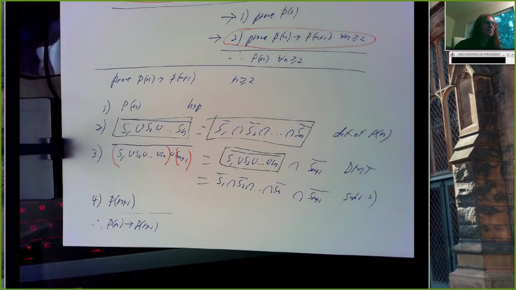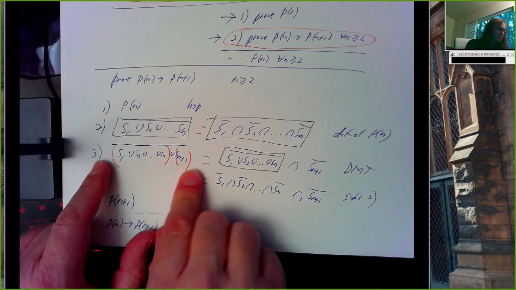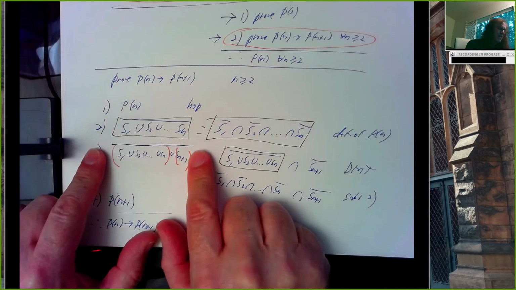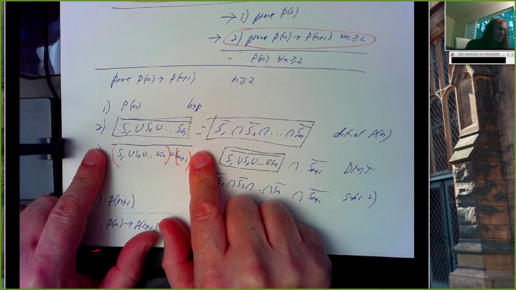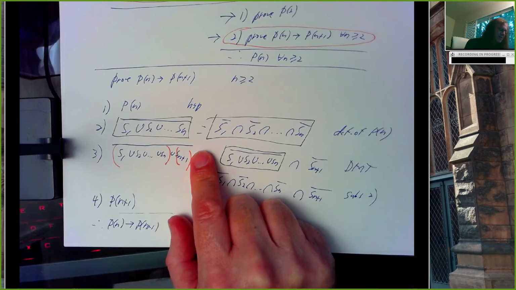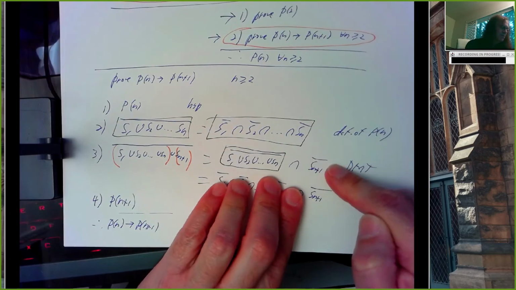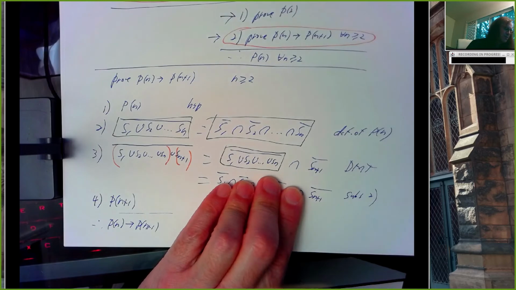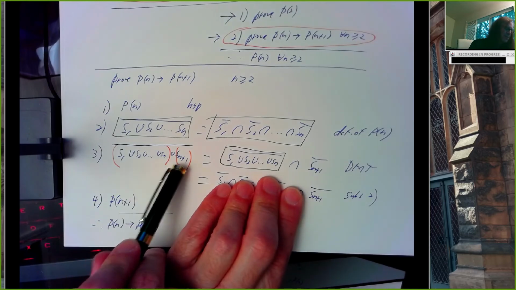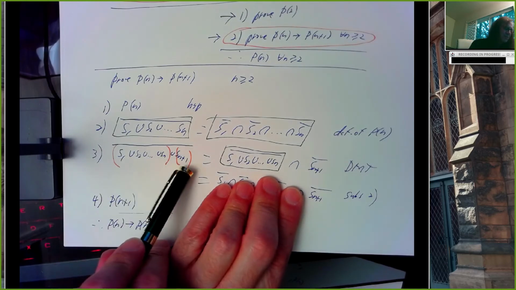Where did the Sn plus 1 come from in step 3? Nowhere. I just decided to take this union and add that thing to it. I just pulled it out of thin air. But I can definitely assert that this is the same thing as this, because De Morgan's theorem tells me this complement of the union is the complement of this intersected with the complement of that.